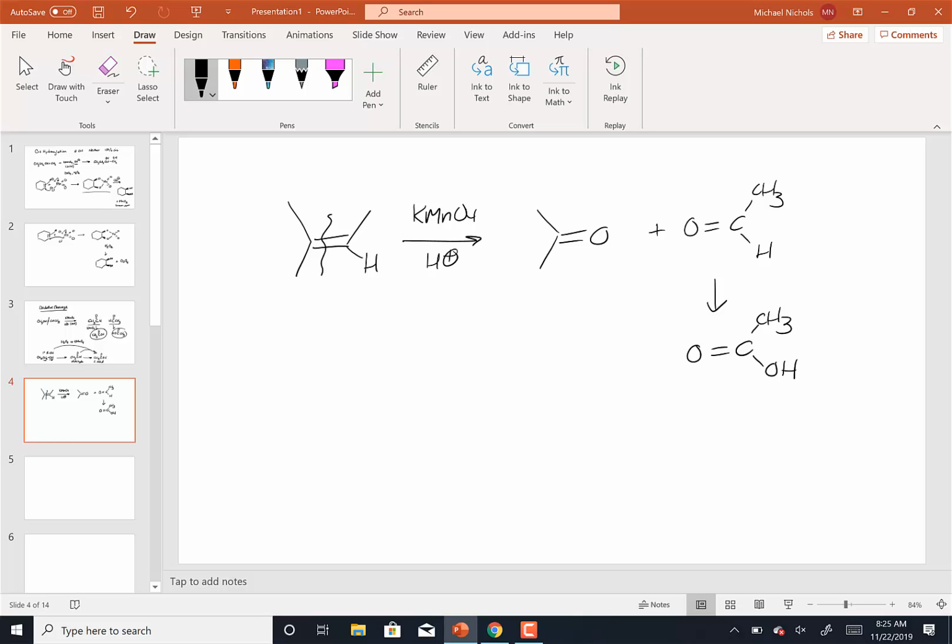So the final products of this reaction would be that ketone, which is acetone, and this carboxylic acid, which is the 2-carbon carboxylic acid, that's acetic acid.